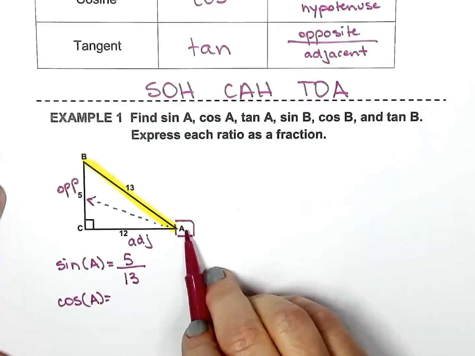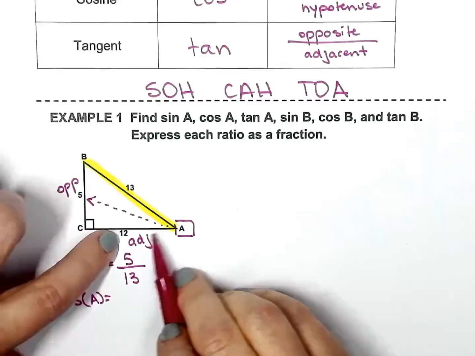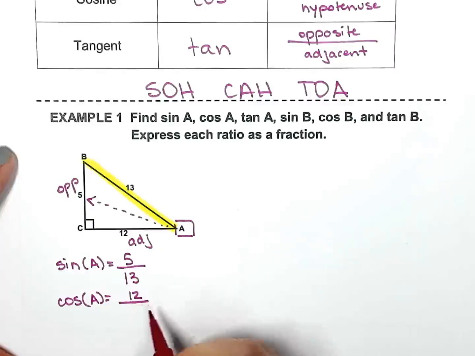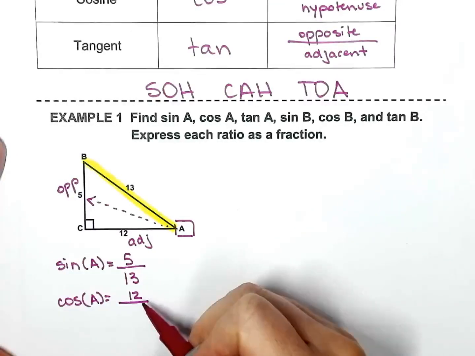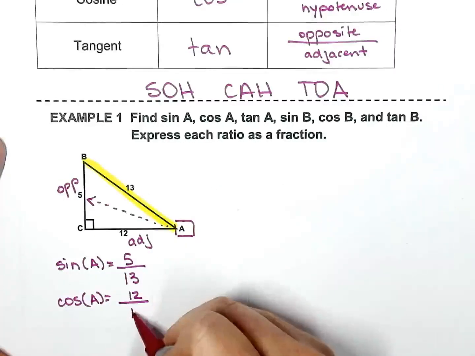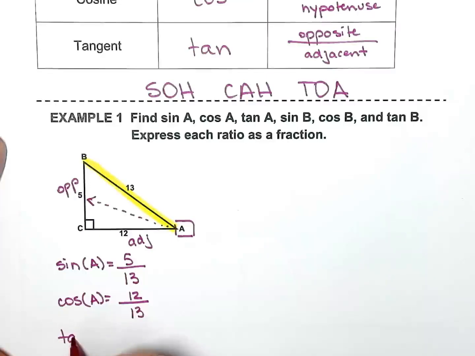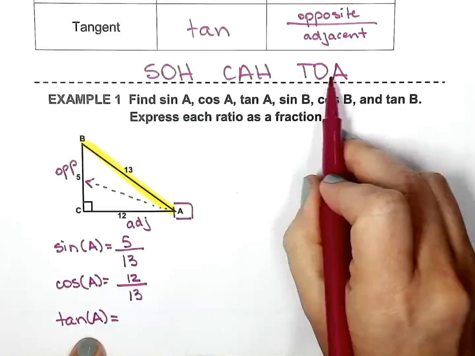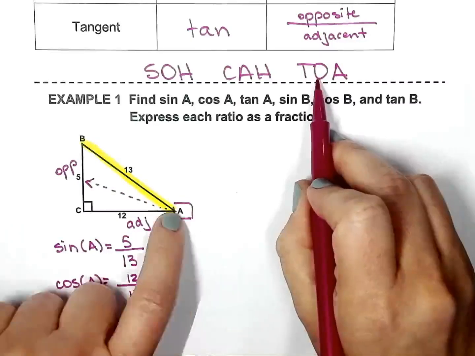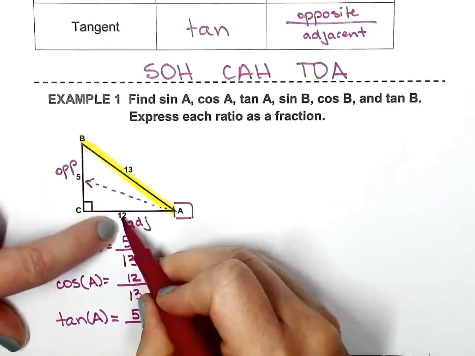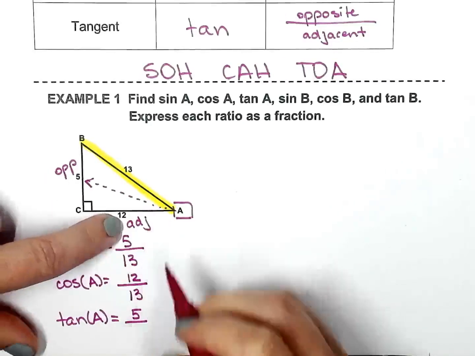I have angle A right here. The adjacent side is right here. I labeled it 12. 12 over hypotenuse, 13 right there. And last one, we're finding tangent of angle A. Tangent is opposite over adjacent. Opposite to angle A, right there, is 5. Adjacent to angle A, right there, is 12.